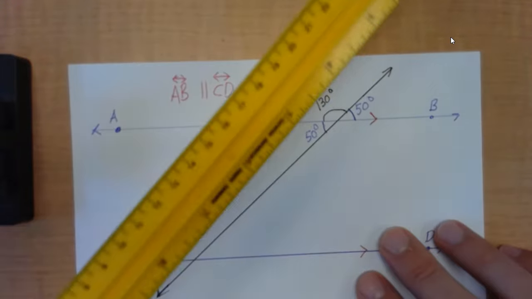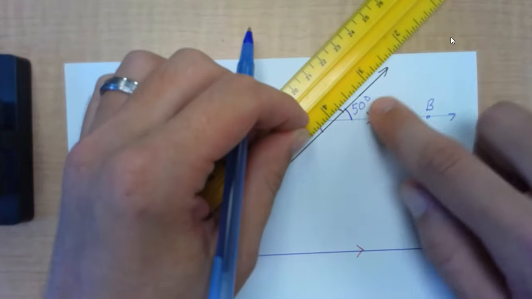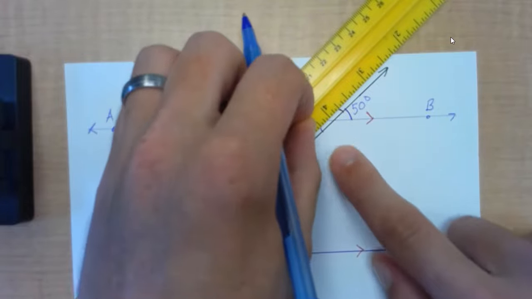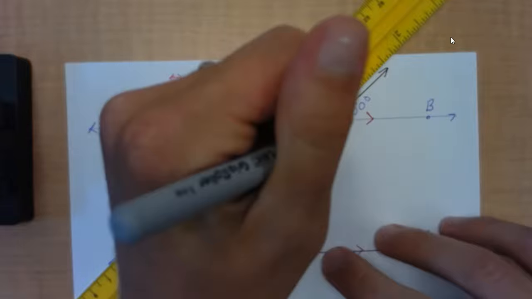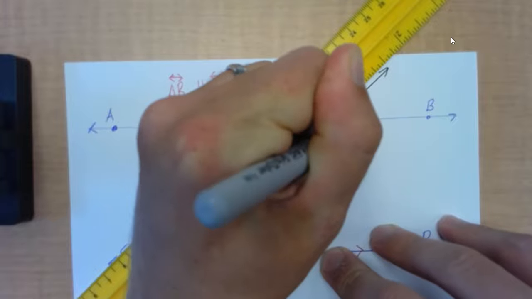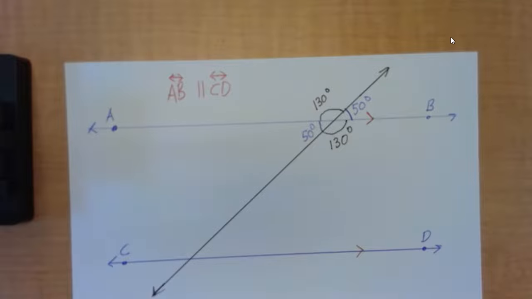And I can also do the opposite. I can cover up this side and look. These two angles should be supplementary to one another. So the missing part here is going to be 130 to help it add up to 180. So we're halfway there.